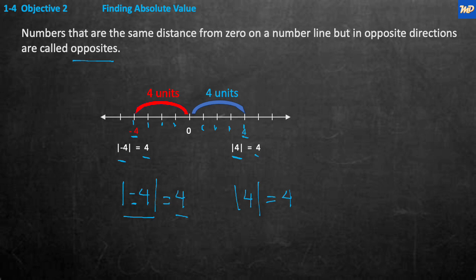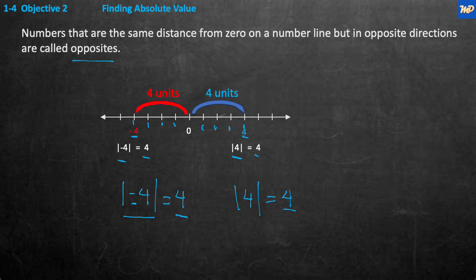It's the number of units from 0. -4 is 4 units from 0 in the leftward, or negative, direction, and the absolute value of +4 is 4 units from 0 in the positive direction. They're both the same number of units from 0.